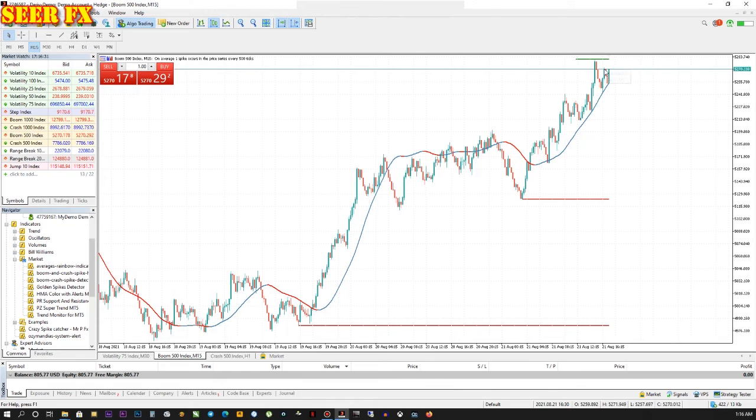And once this trade starts going up, believe me, this line will be removed automatically. This indicator will remove this line and place it somewhere else.